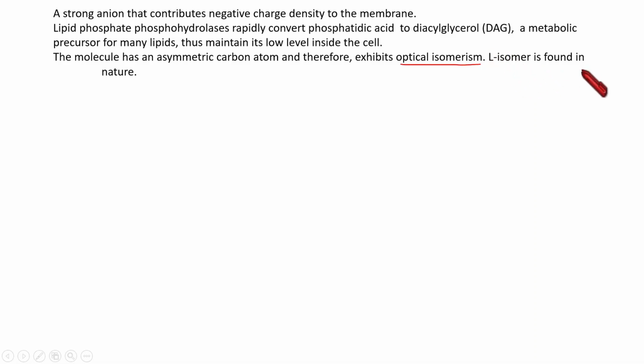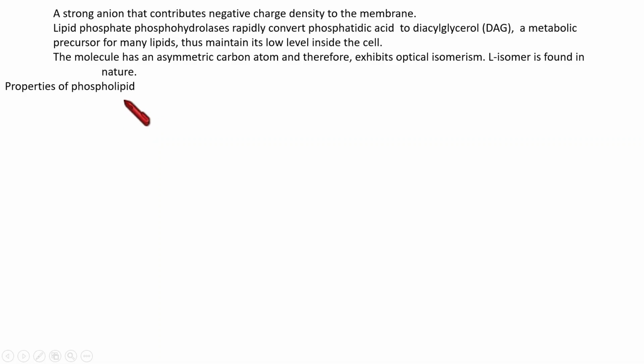So the L isomer of phosphatidic acid is found in nature. Till here, I talked about some points on phosphatidic acid. Now again, we are going back to phospholipids in general and their properties.